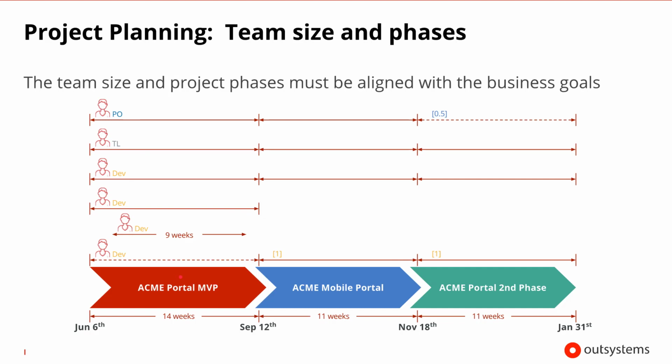A 14-week initial phase that is just for the minimal viable product of the portal, followed by an 11-week phase to build the mobile version of the portal, and then followed by that second scenario where we add an additional 11 weeks to build the second phase so we can add the features that were not placed inside of the first phase.